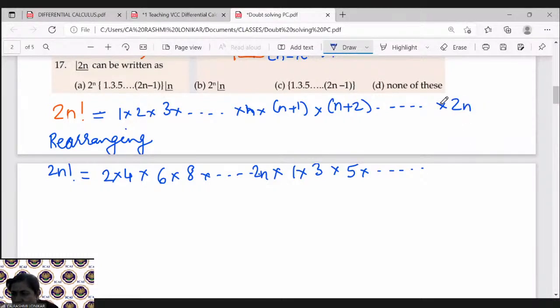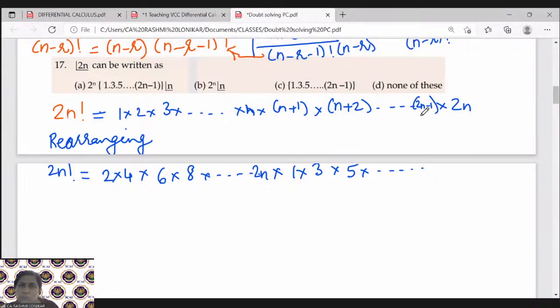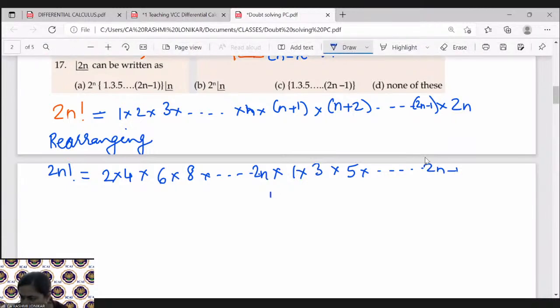Because this is 2n. Before 2n, what do I have? 2n minus 1, right? Before 2n, I have one number less, because before 3, I have 2. 2 is 3 minus 1. So here last term is 2n. What is the term before it? 2n minus 1. 2n minus 1 will be the odd term, because 2n is an even term. So 1, 3 into 2n minus 1. Okay. This is simply the rearrangement.